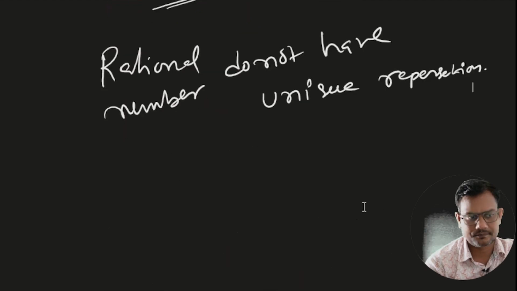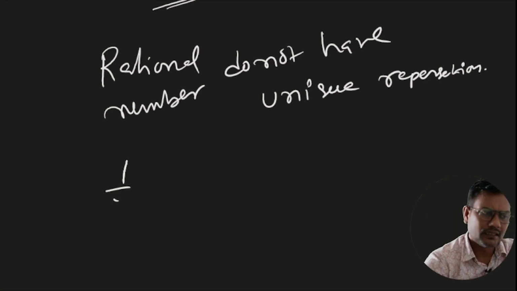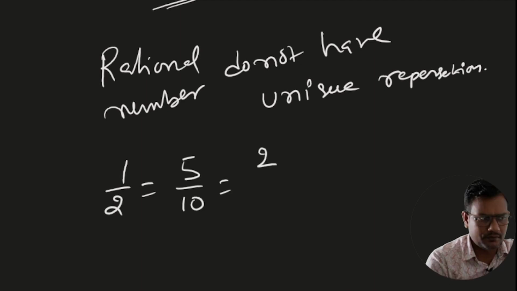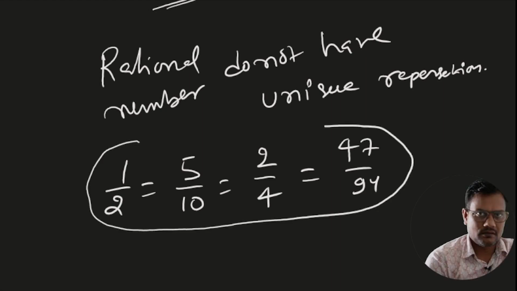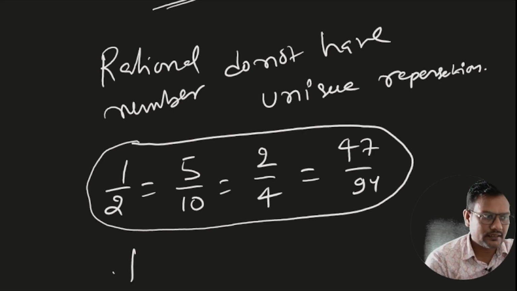So what is this thing? 1 by 2, 5 by 10, 2 by 4, 47 by 94. These are the equivalent rational numbers.